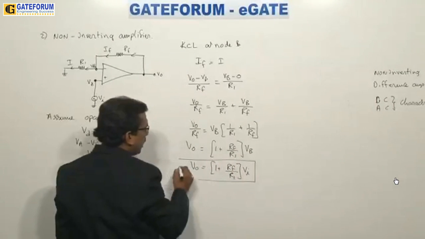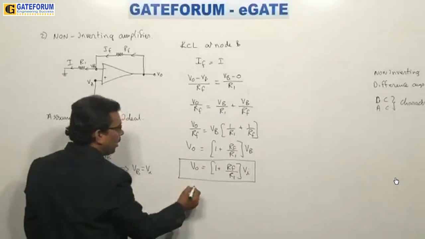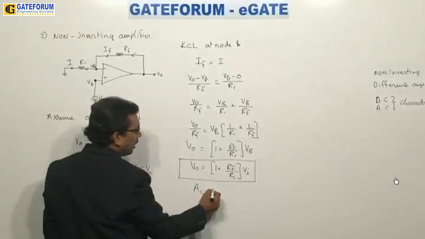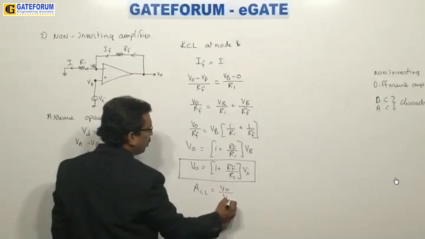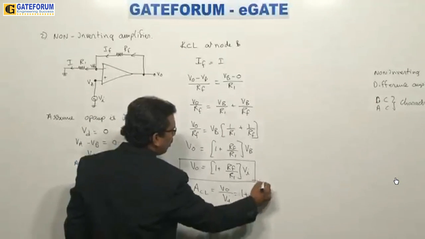This is how I get the output voltage of a non-inverting amplifier, and the gain is given by ACL equal to V output by V input, which is 1 plus RF divided by R1.